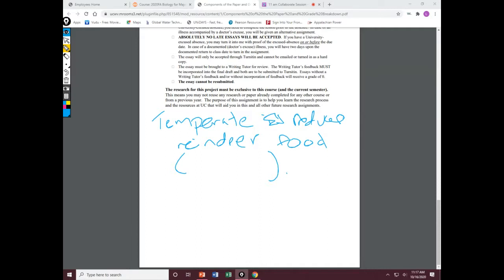Here is where I say, I learned this from whatever source. It's still my thought, this is what I learned, but I learned it from that source. Does that make sense?